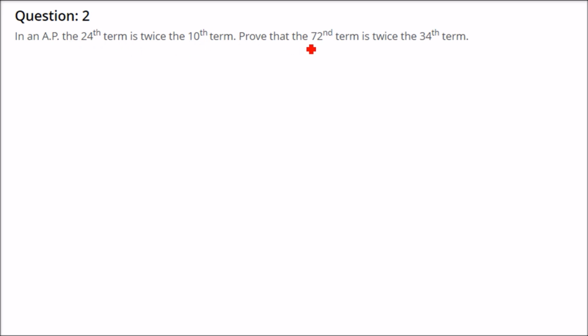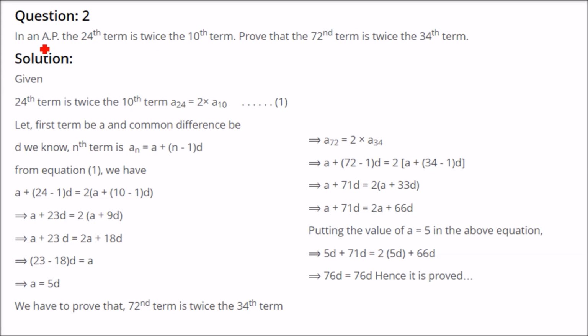In an AP, the 24th term is twice the 10th term. Prove that the 72nd term is twice the 34th term. So it is given that the 24th term is twice the 10th term, so a24 is twice a10. What is the 24th term? a plus 23d. And what is the 10th term? a plus 9d.